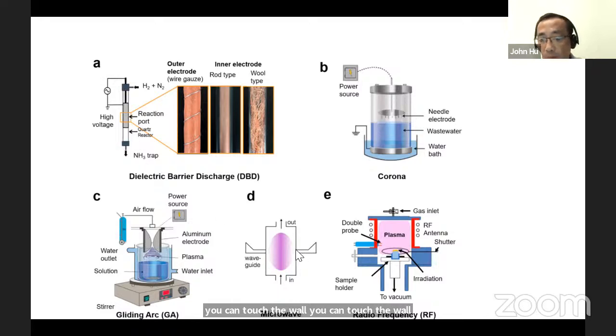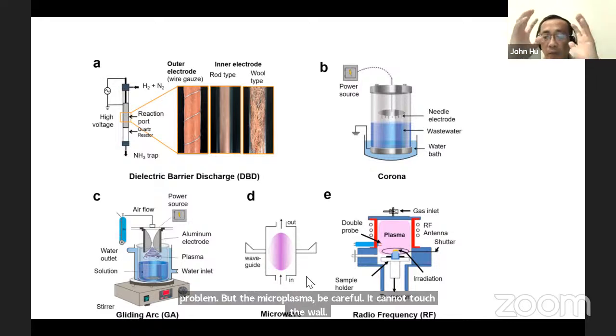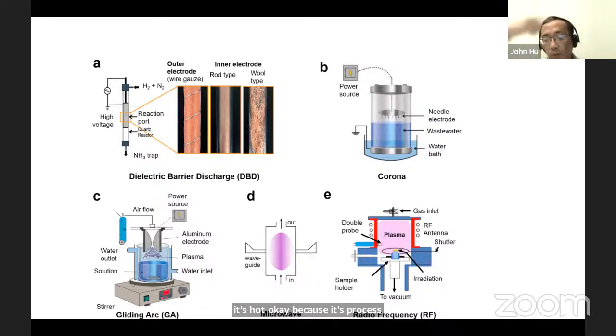But with microwave plasma, be careful. You cannot touch the wall. It's hot, because the plasma interacts with the wall, and the plasma also tries to align with the so-called electromagnetic field. It's hot, not cold. All right, let's continue.